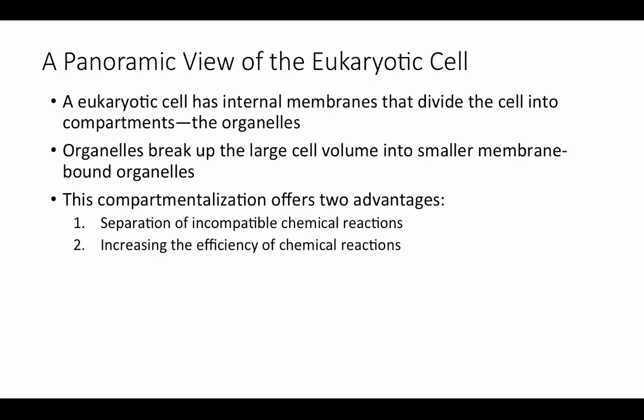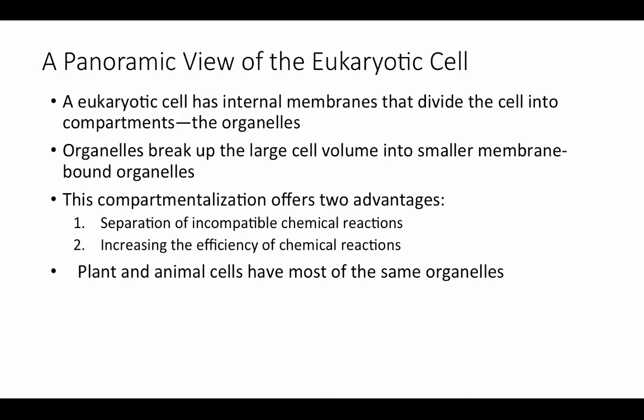First of all, you can contain chemical reactions and keep them away from other possible chemical reactions that are going on that could interfere with each other. Also, you increase the efficiency by making sure that all of the chemicals that are needed for a particular reaction or pathway are there in close proximity to each other. So that's going to make this reaction a lot more efficient. The molecules aren't just floating freely anywhere in the cell. You've got them all close together where they need to be.